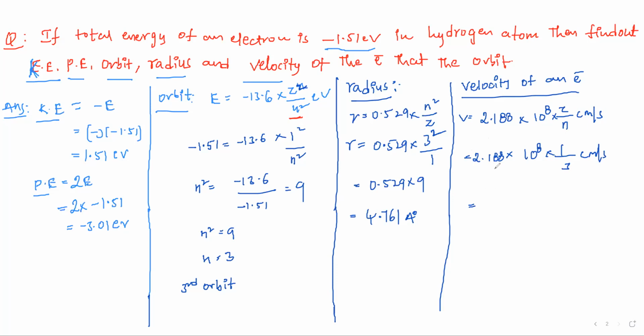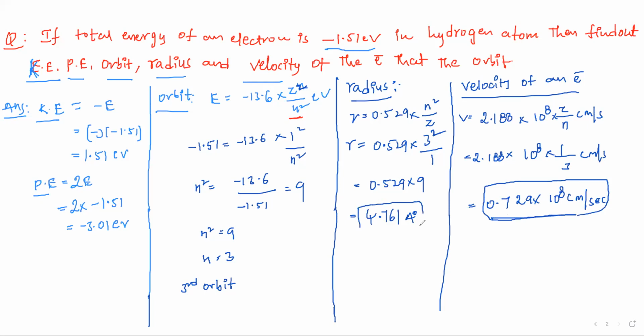If we calculate this, we get 0.729 into 10 to the power of 8 centimeters per second. This is the velocity.